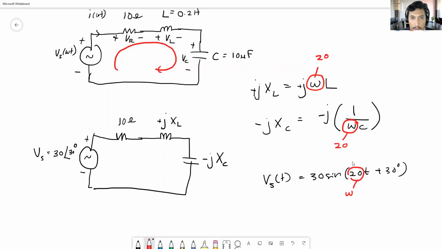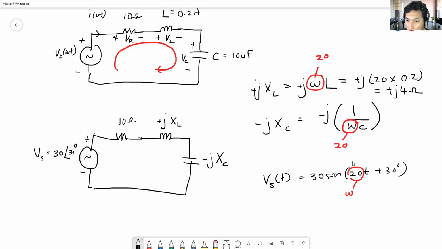So if your L is 0.2 Henry, meaning positive j 20 multiplied with 0.2, so you should have positive j 20 multiplied by 0.2, which is positive j4 ohm.